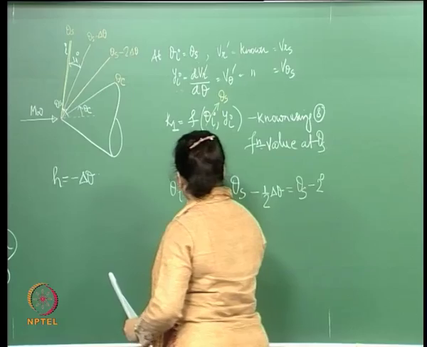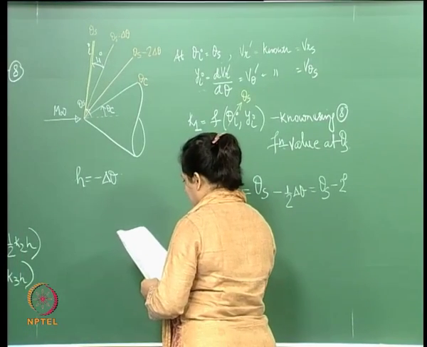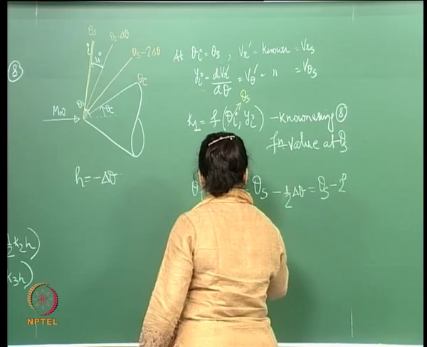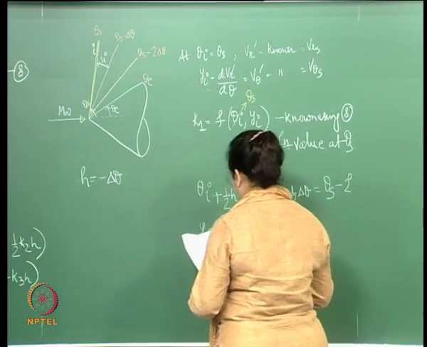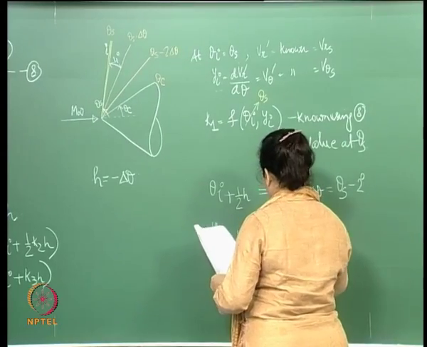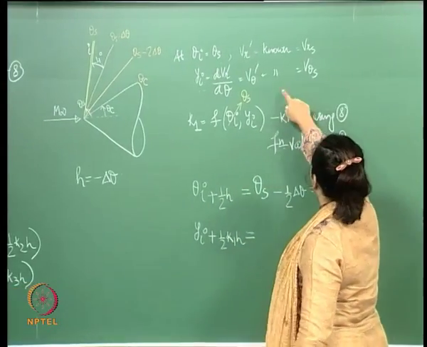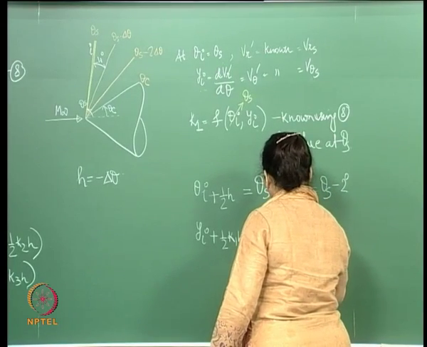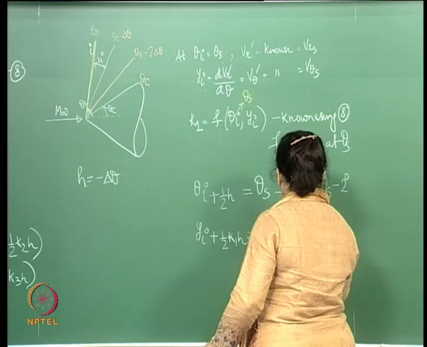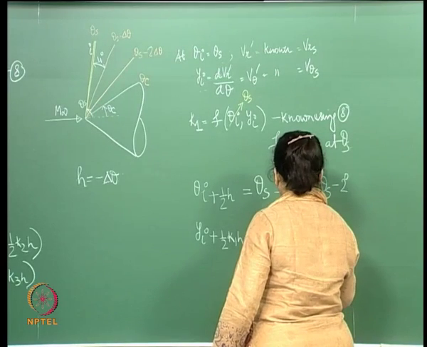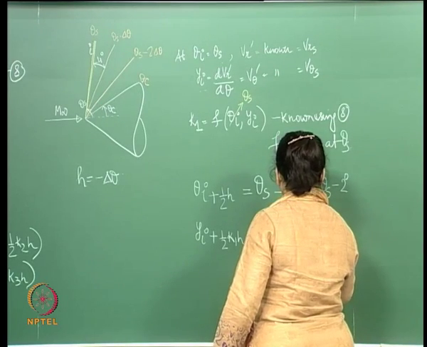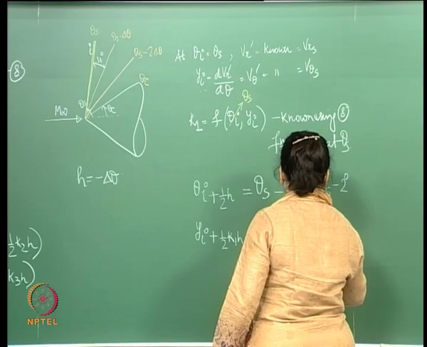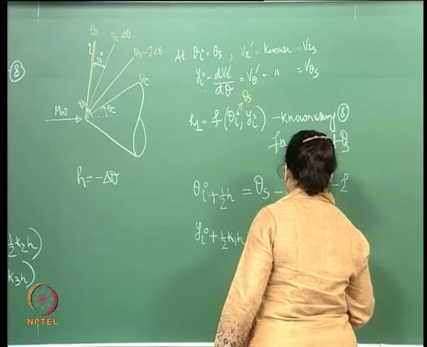And yi was V theta s, right, V theta s minus delta theta, which is 4.